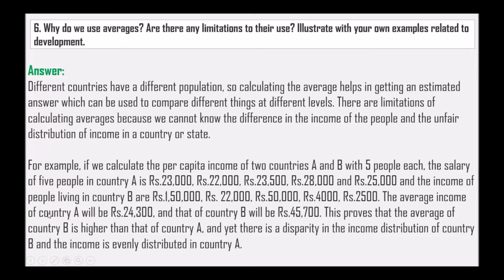The average income of country A will be rupees 24,300 and that of country B will be 45,700. This proves that the average of country B is higher than that of country A, and yet there is a disparity in the income distribution of country B, while the income is evenly distributed in country A.